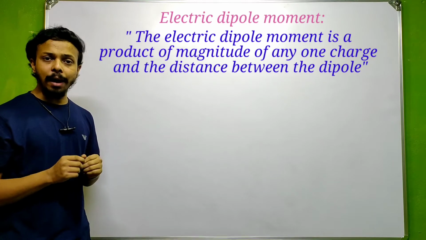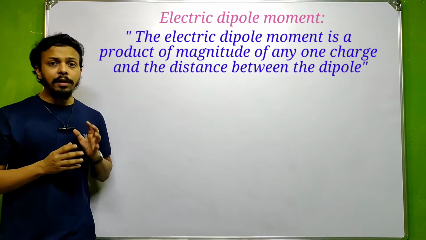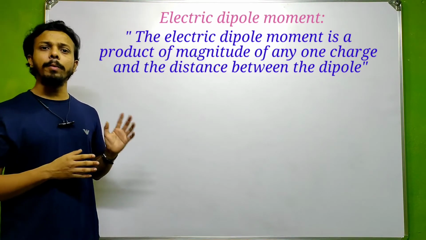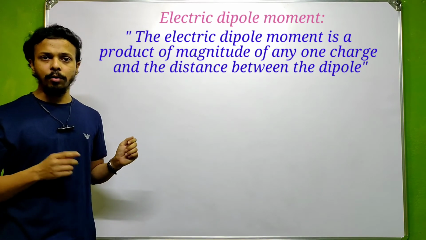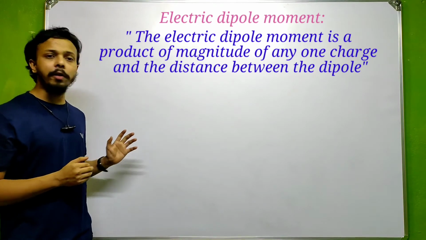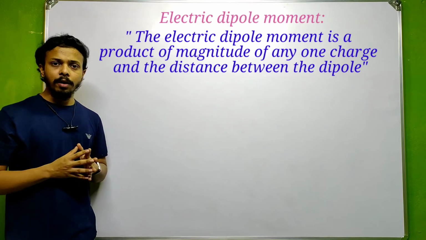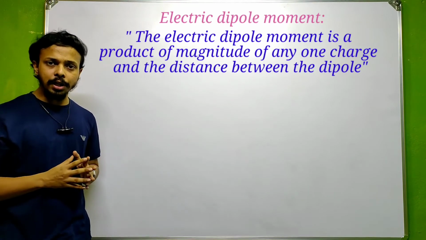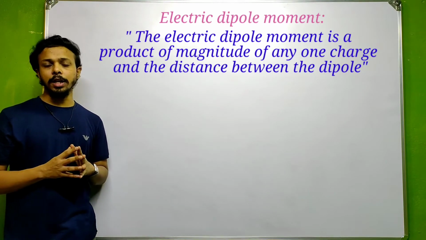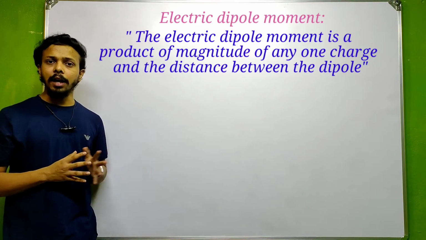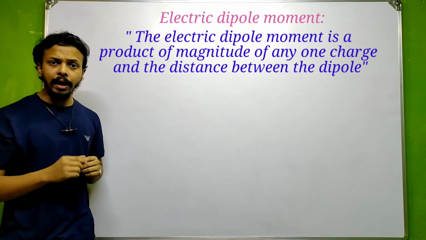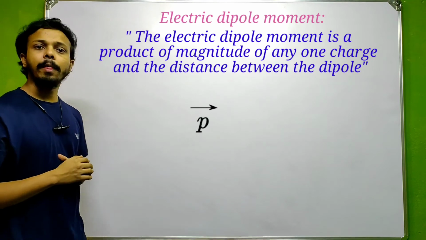There might be a question like what is electric dipole moment. In this way we can define it: the product of the magnitude of any one charge and the distance between the charges is known as the electric dipole moment, denoted by the symbol P.